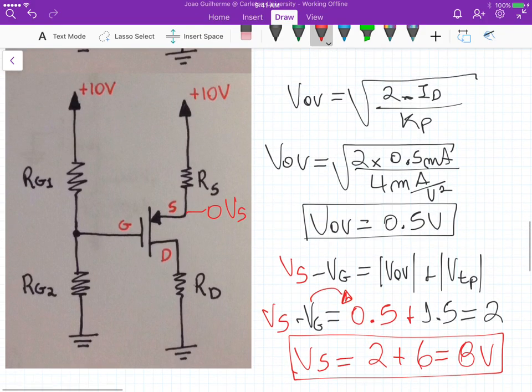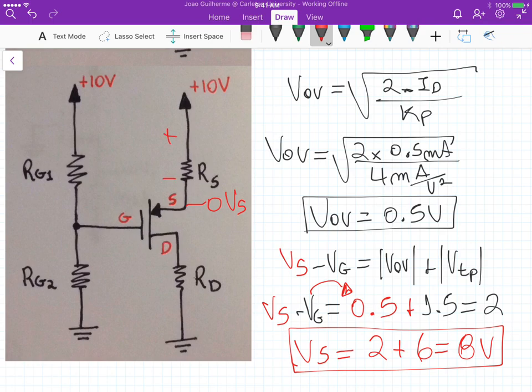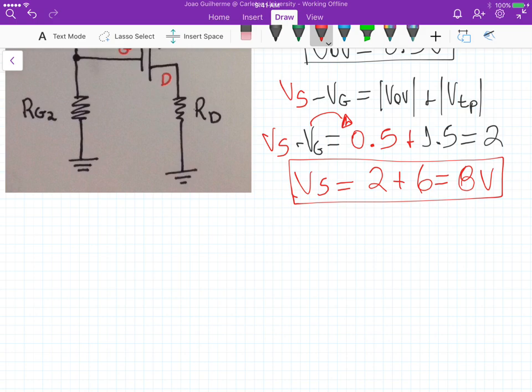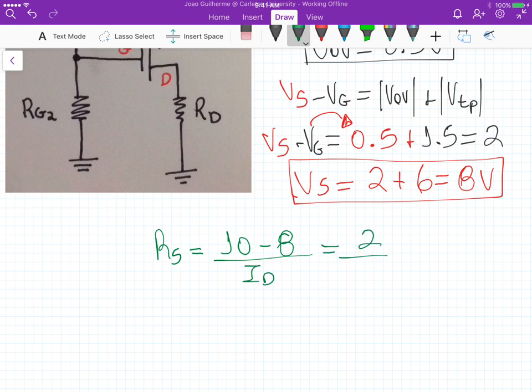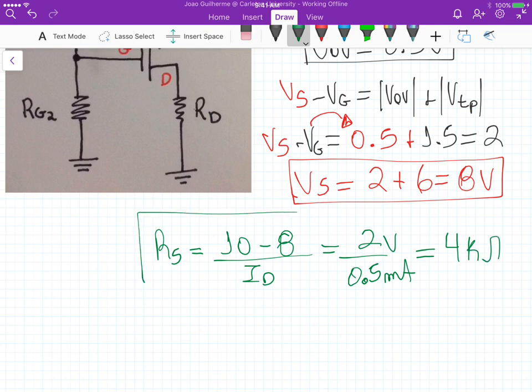And now with the value of VS, we can apply Ohm's law again across RS. RS equals 10 minus VS, 8, divided by ID, so 2 divided by 0.5 milliamps, and that's 4k ohms.